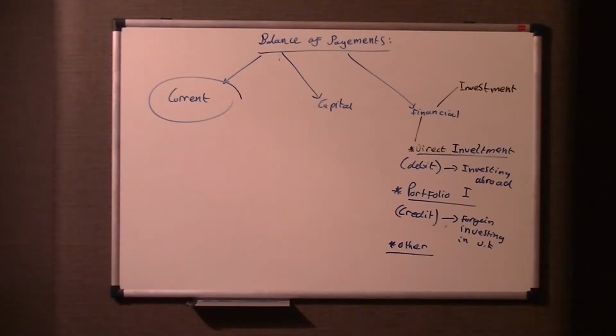So it includes deposits in banks held by UK residents abroad, or alternatively foreign residents in the UK, and loans between UK banks and the government and foreign banks and governments. It's quite weird, that.